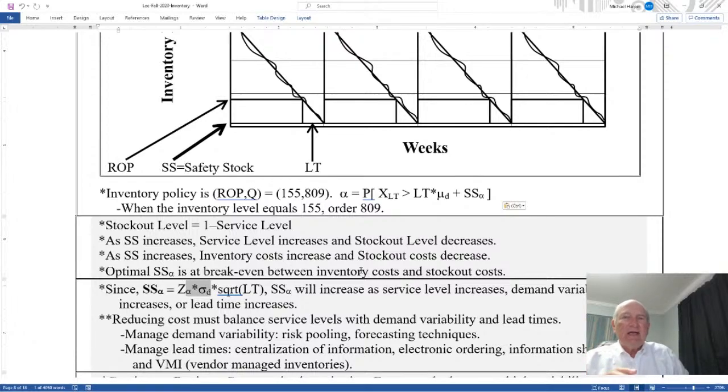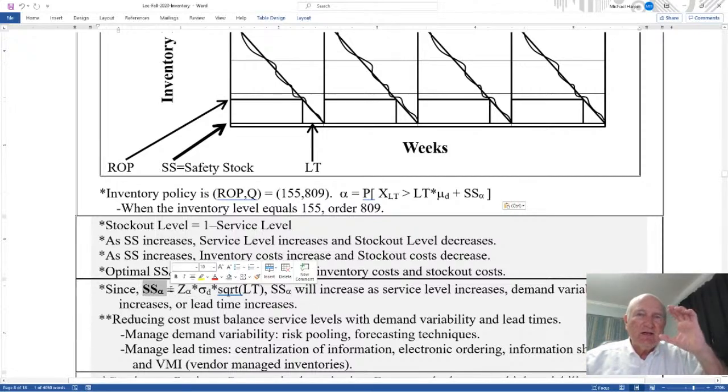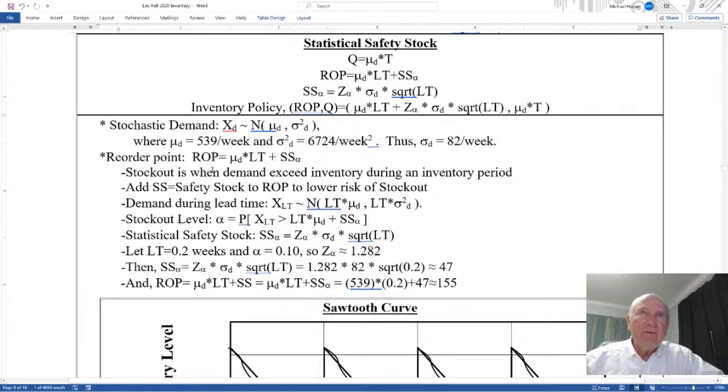A common mistake says, if my demand becomes uncertain and the variability gets larger, I need to order more to satisfy that demand. Well, the theory says no. Don't order more, order the same amount, but the variability is greater. What you do is the safety stock increases, so you order sooner. You order earlier. The ROP increases, the lot size doesn't increase, because the lot size is still up here.